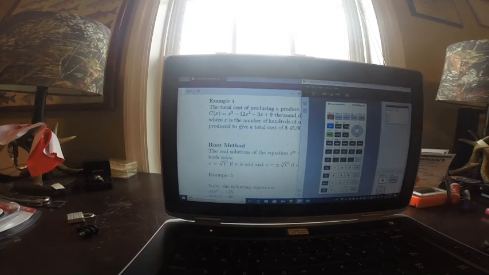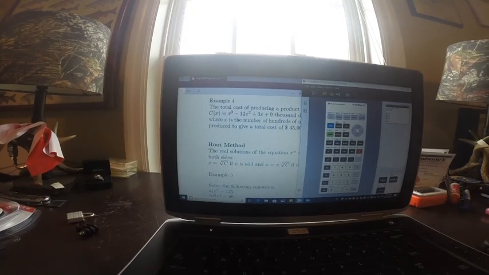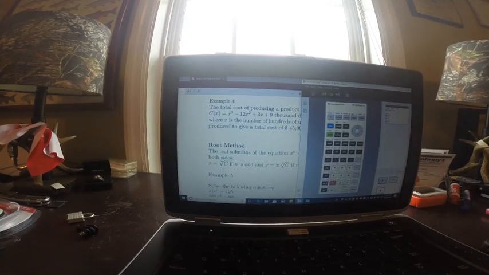Type it in. So in y equals, I'm going to type x to the third minus 12x squared plus 3x plus 9. Okay, and then we want it to give a total cost of $45,000.